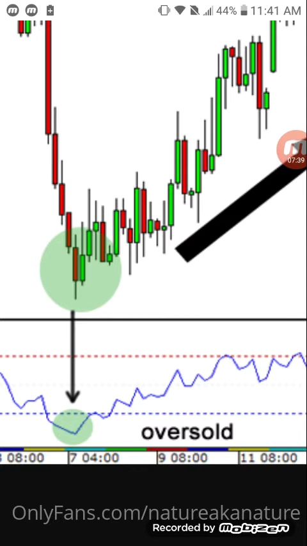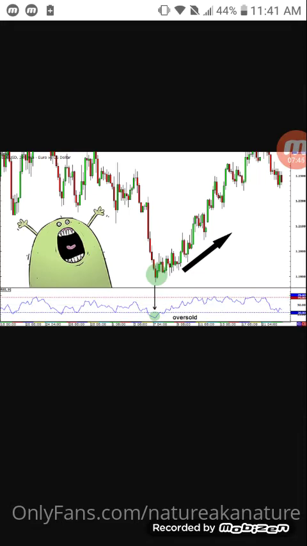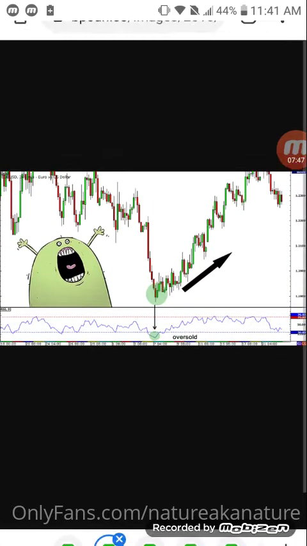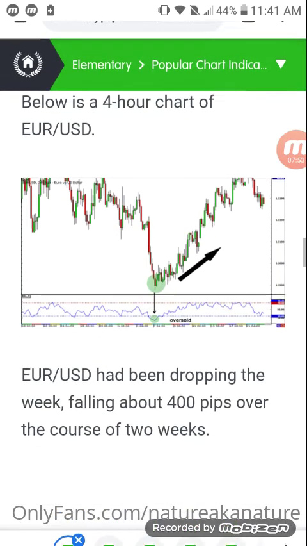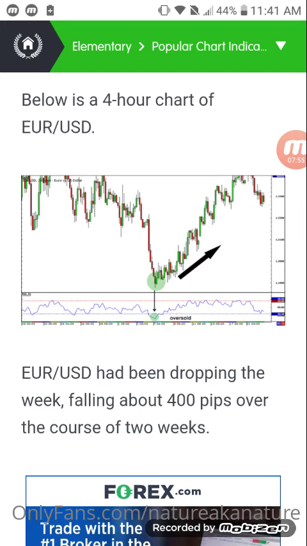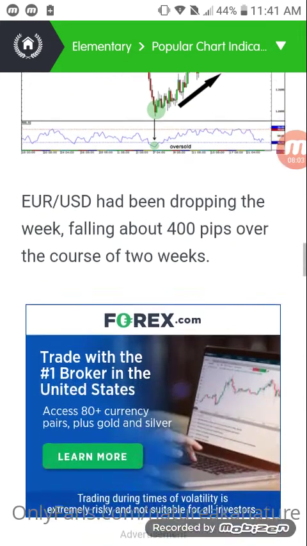This is another indicator that you can use to find out what direction price is going in. That's an example of an oversold trend: EUR/USD had been dropping for a couple of weeks, falling about 400 pips over the course of two weeks.